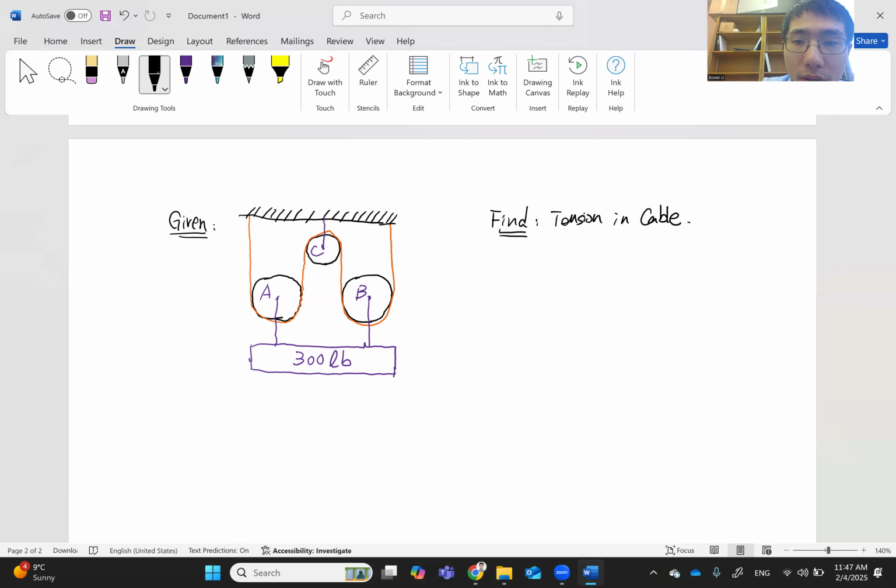Please note, for this problem, all pulleys are frictionless and weightless, and all cables are frictionless and weightless here.